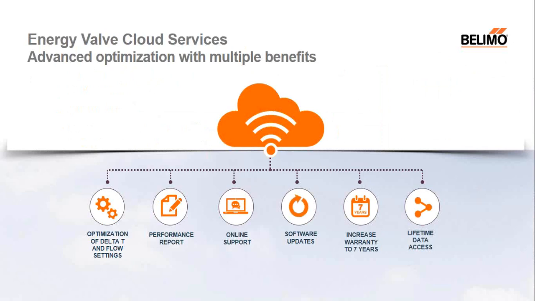So here, the Energy Valve can be run for a while in the Belimo cloud, and a request can be made for the best delta T and flow set points, and that recommendation will be provided via our Belimo cloud, either directly to the device or to the end user to be loaded into the device itself, utilizing the system data to come up with the best delta T set point.